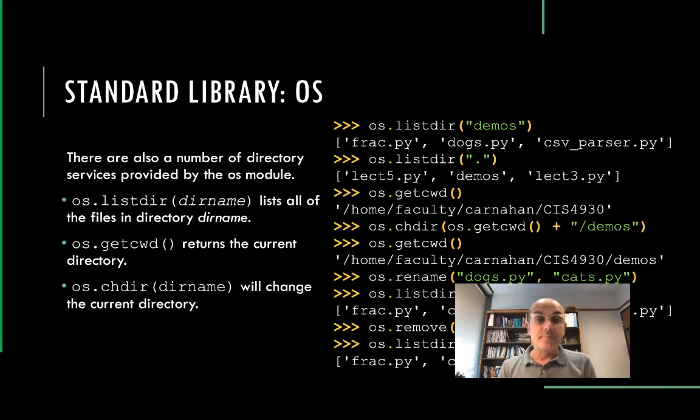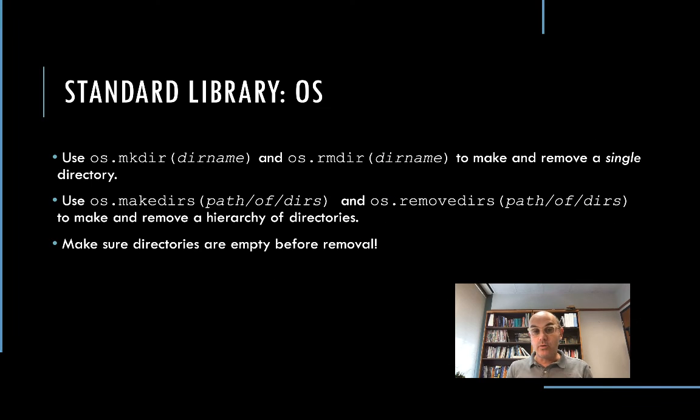So again, these are powerful functions that I want you to become familiar with, and there are a number of directory services provided by the OS module: list of directories, list of all the files in the directory, getcwd is the current directory, and os.chdir with a directory name will change the current directory.